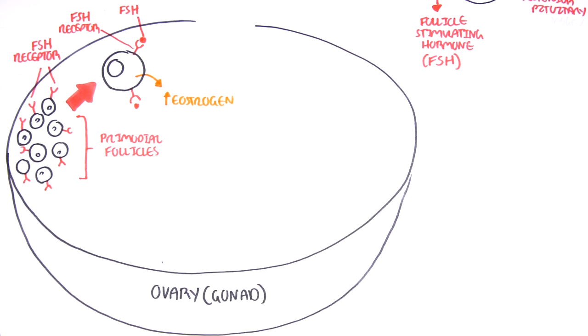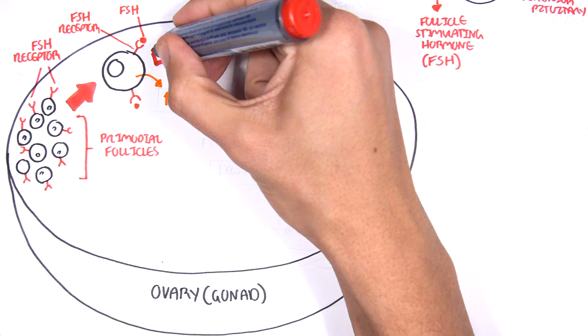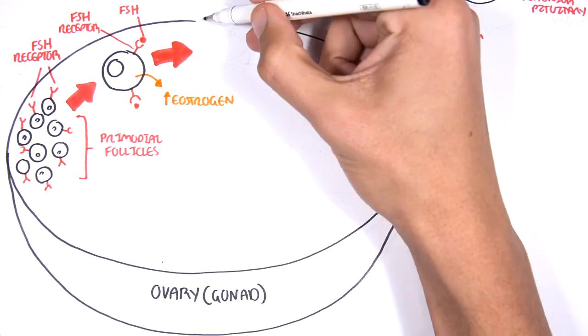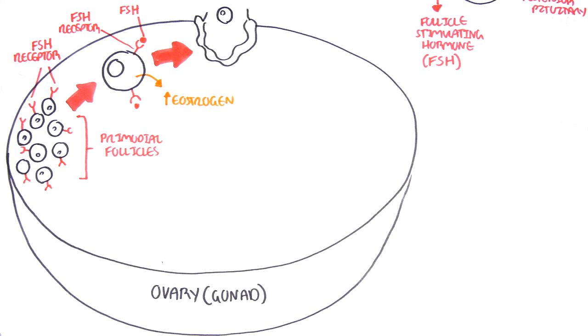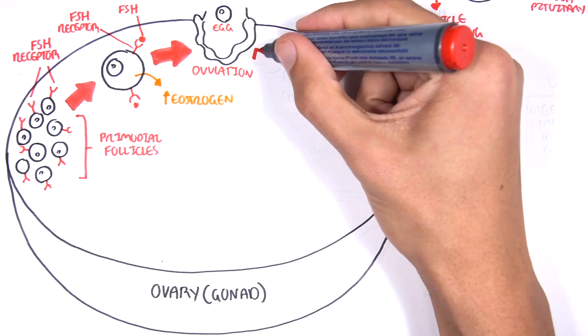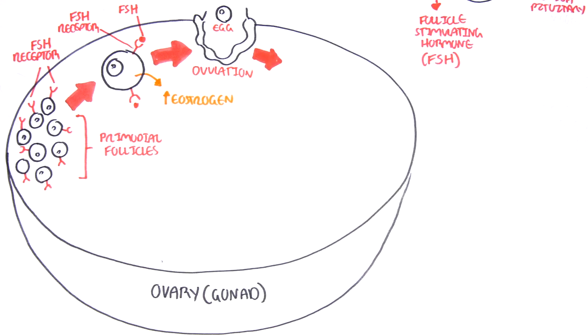However, only one follicle will mature faster than the rest. This is because it has the most FSH receptors, or it has a higher affinity for FSH. And it is this follicle that will ovulate and release the egg. When ovulation occurs, when the follicle releases the egg, no more follicles mature, and the follicle that ovulates becomes the corpus luteum.